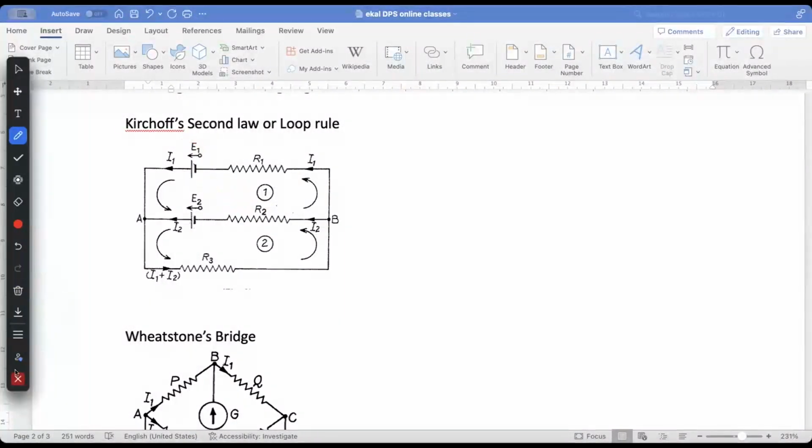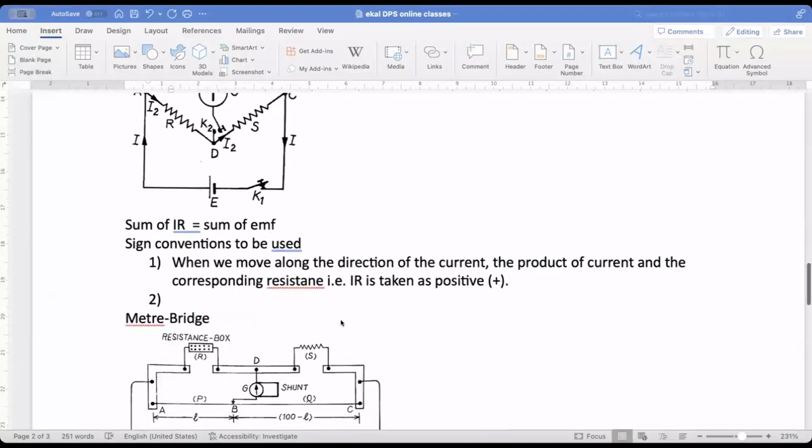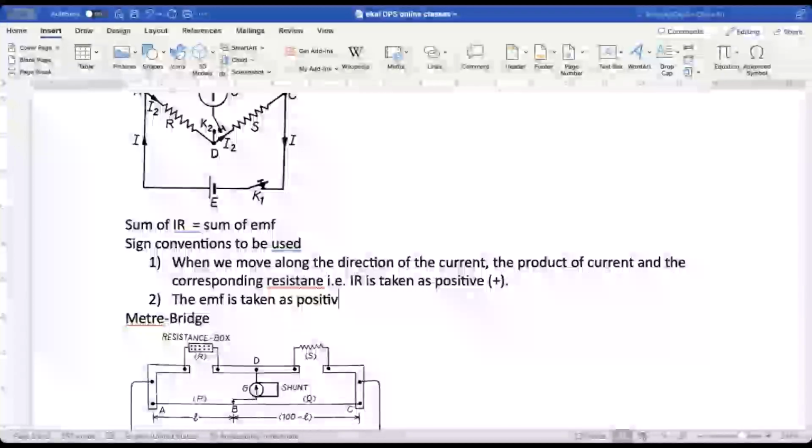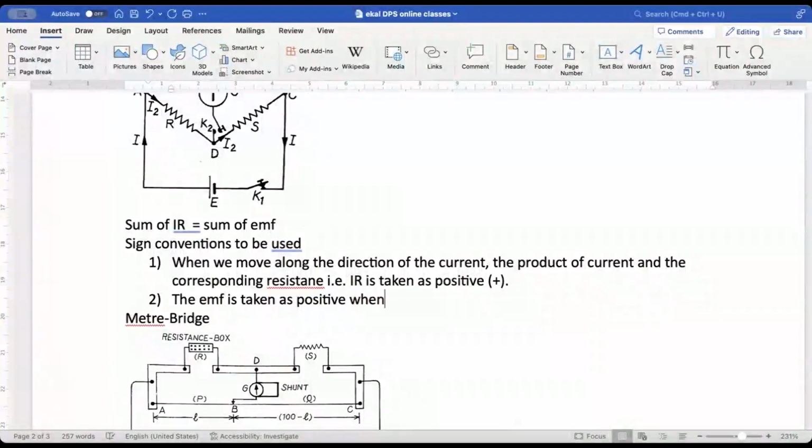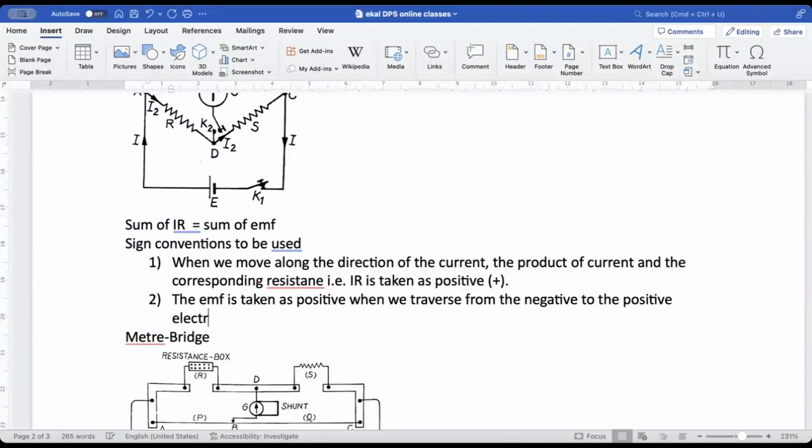Now, the second law says the EMF is taken as positive when we traverse from the negative to the positive electrode of the cell to the electrolyte.